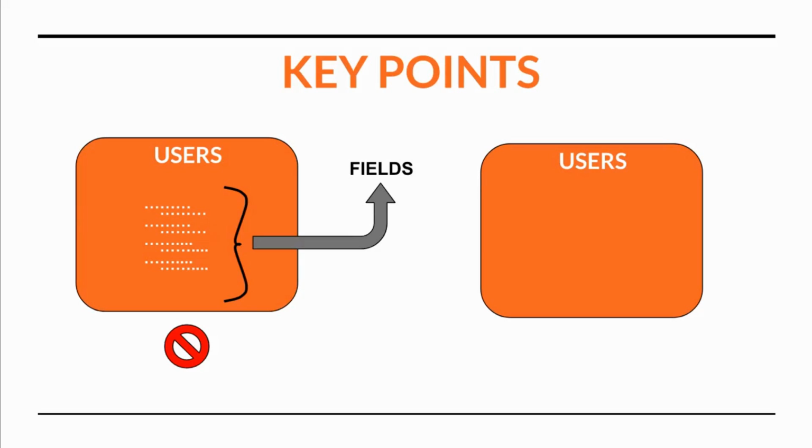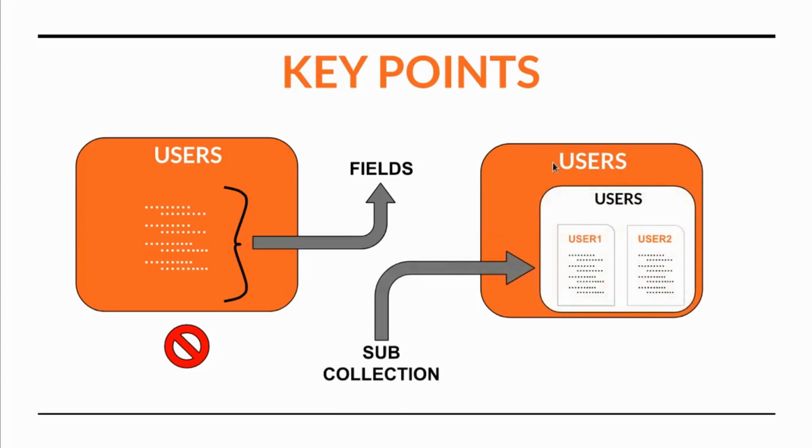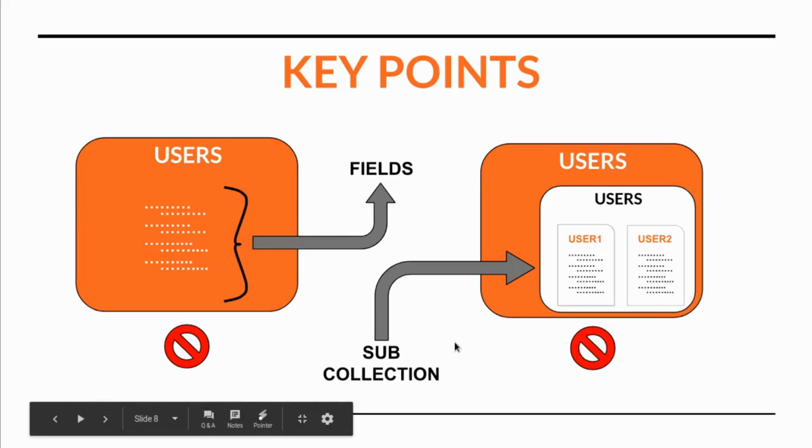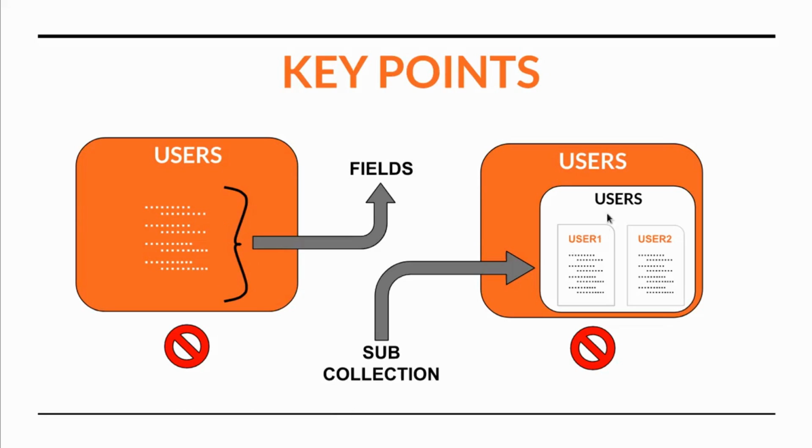This is not allowed in Firestore. The second point is that if a collection contains a sub collection within it, this sort of structure is also not allowed in Firestore. To repeat, a collection cannot contain fields directly within it, and a collection cannot contain sub collections within it.